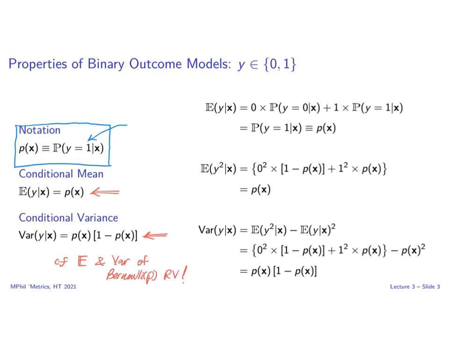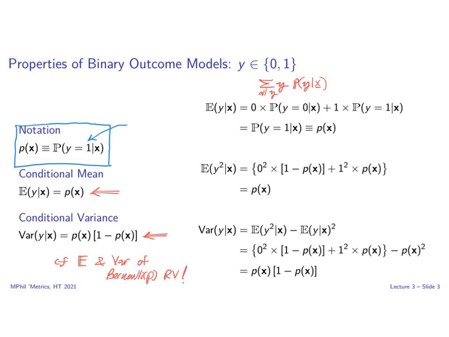By definition, the conditional expectation of y given x is equal to the sum of the products of each possible realization of y multiplied by the probability of that realization. Everything here, of course, is conditional on x because we're evaluating a conditional expectation.